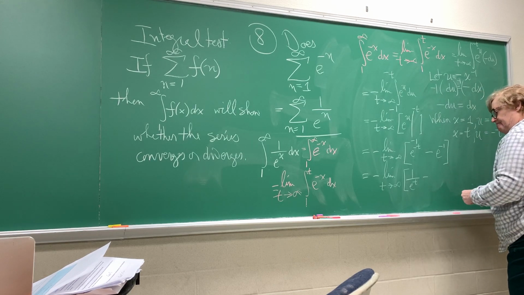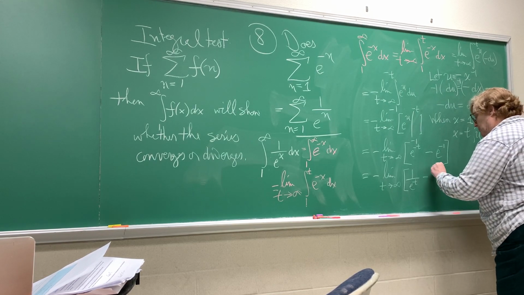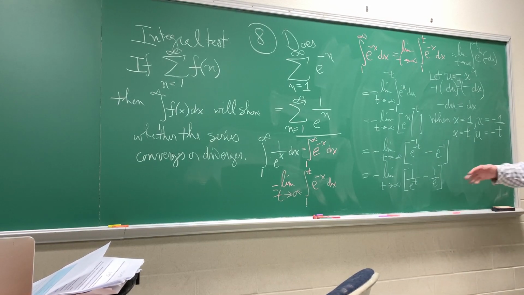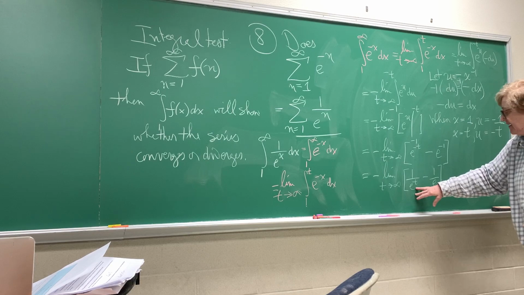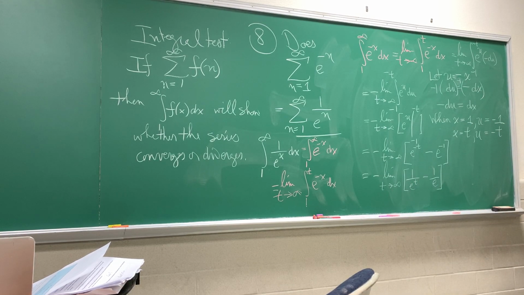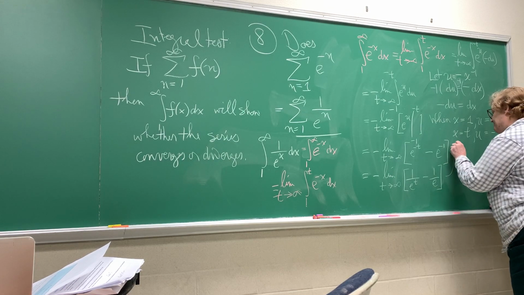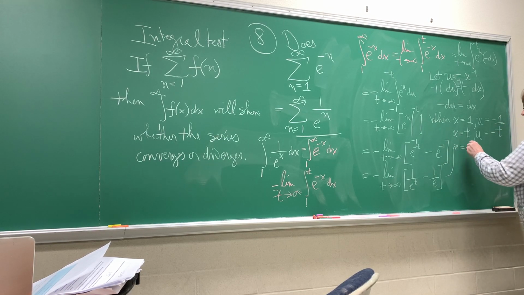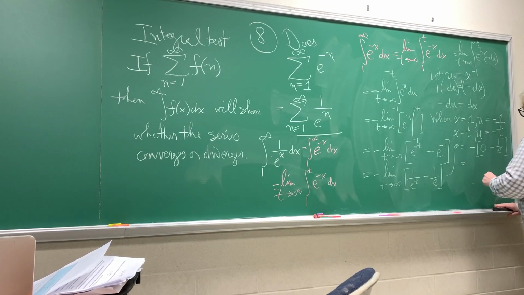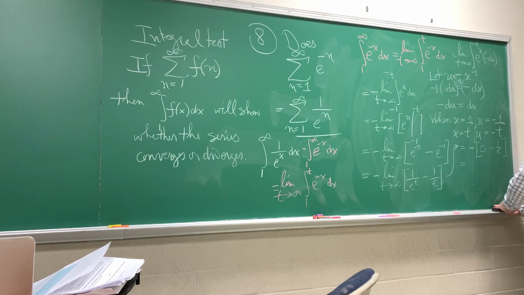And e to the negative what? Good. And what happens to 1 over e to the t as t blows up? Good. So we have negative 0 minus 1 over e, and we get 1 over e.